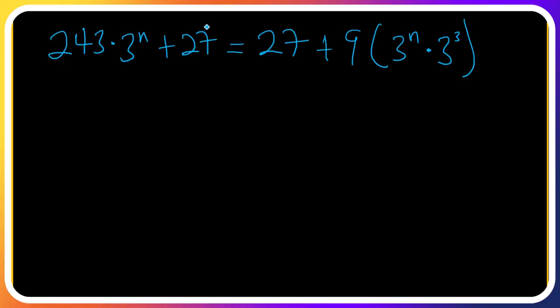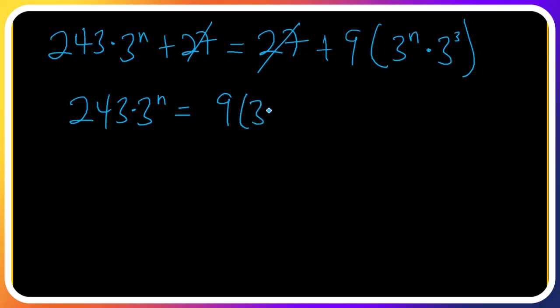The 27 gets rid of 27 because taking each to both sides cancels. So 243 by 3n equals 9 multiplying this, so we have 9 by 3n by 3. So this is what we are getting.